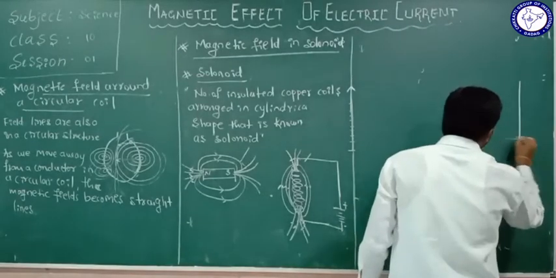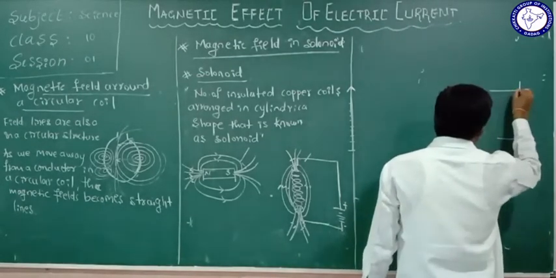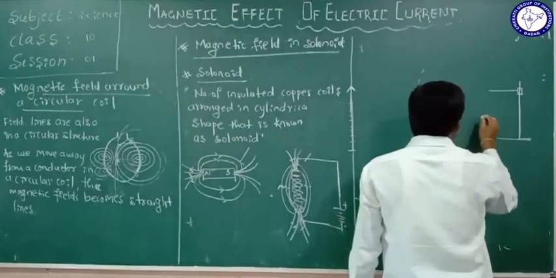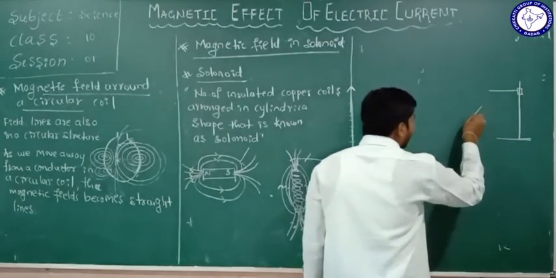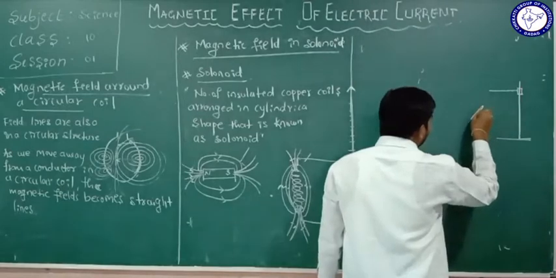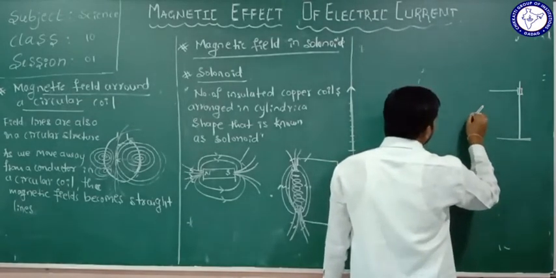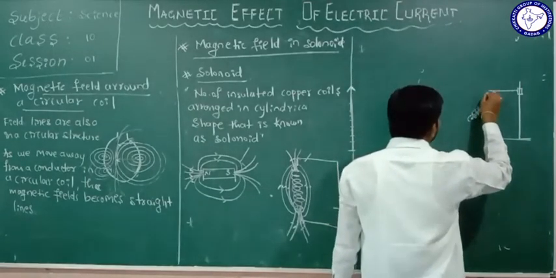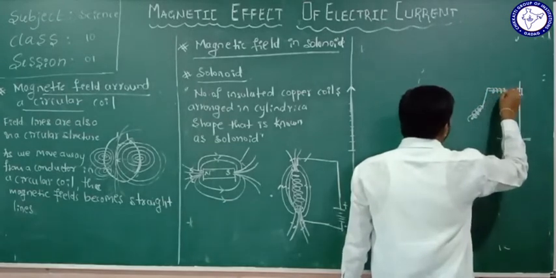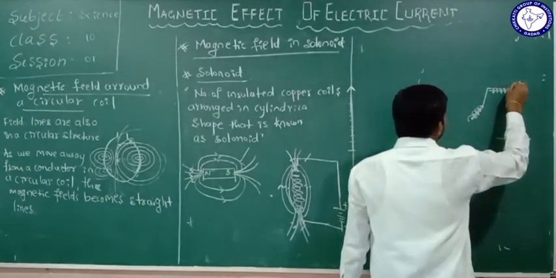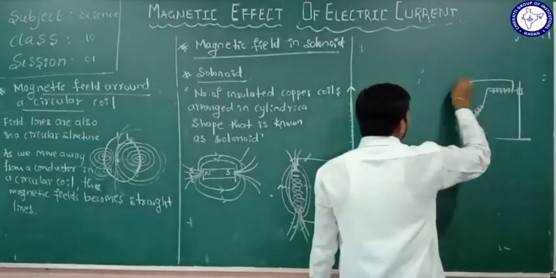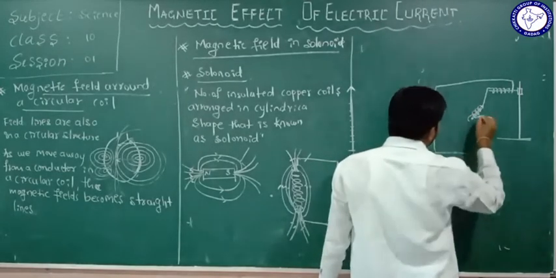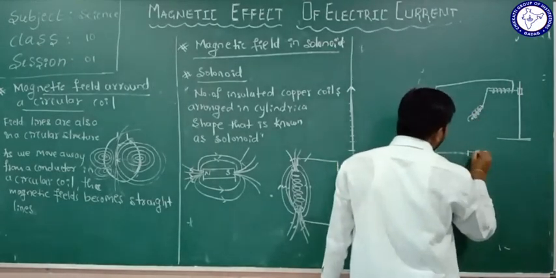What he did, see here, he considered one stand and attached one rod with it, and he took one aluminium rod and coiled a wire around it. And he connected one end of this wire to the positive side of the battery.